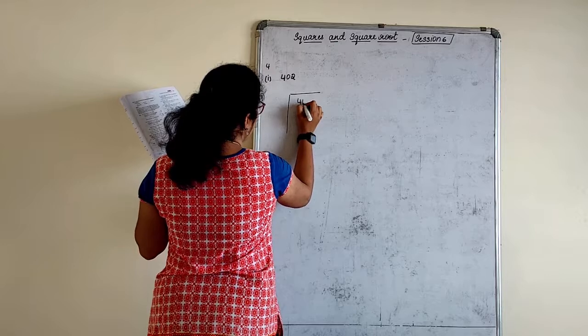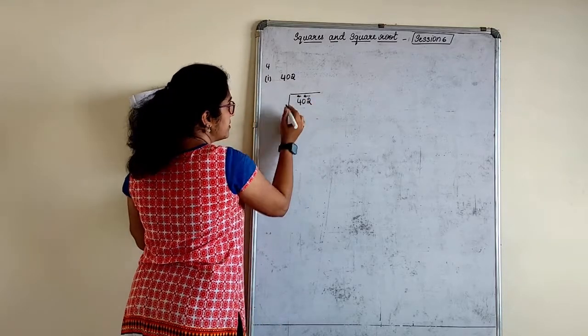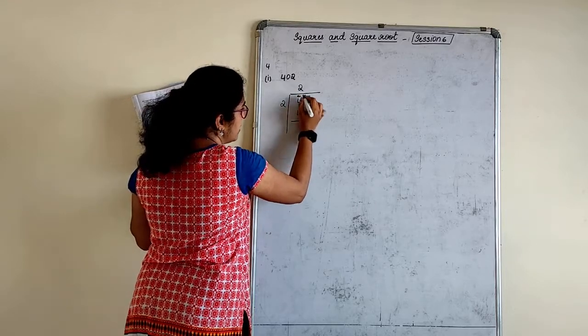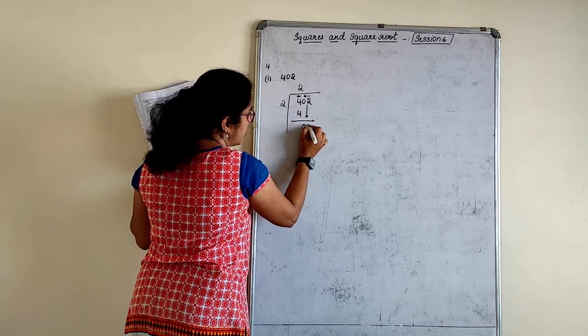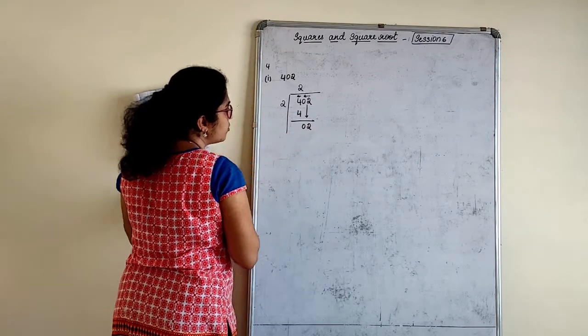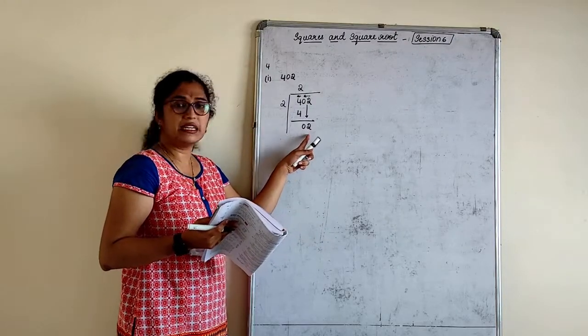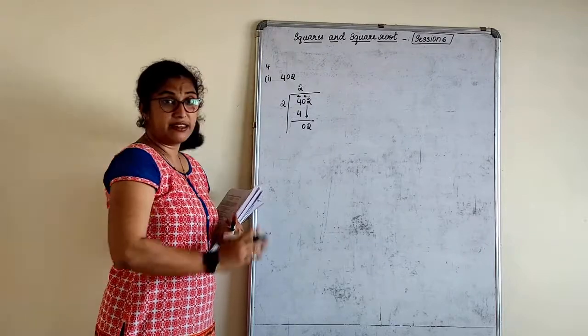Okay. 402, how are you going to pair it? This is the way. 2 2s are 4, right? So the remainder is 0. What will you take down here? You will take it as 02. Now do not do anything adding or doing. Even if you do something, can you actually divide that further?